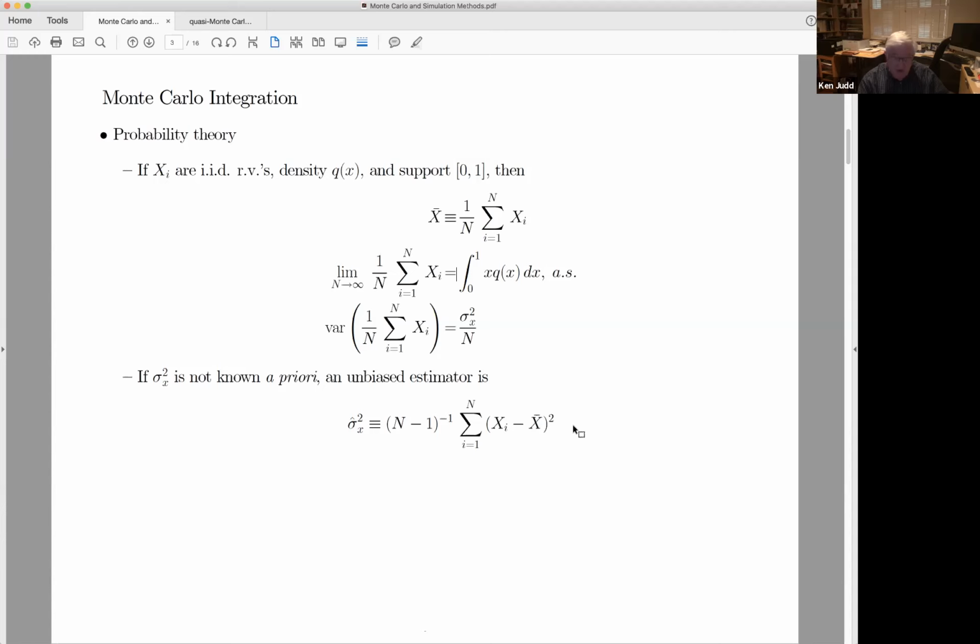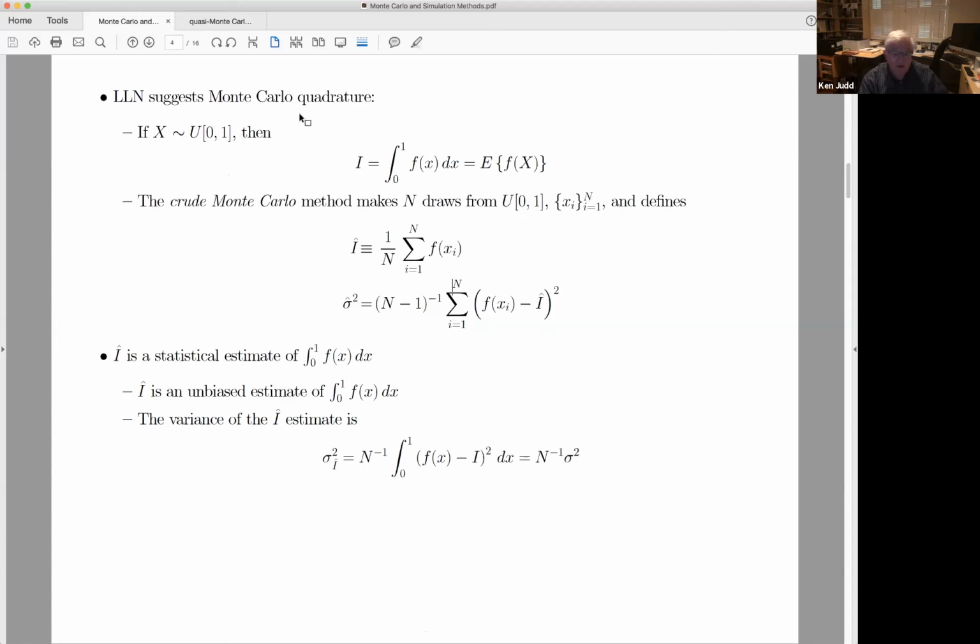Now here's the issue. The law of large numbers suggests Monte Carlo quadrature. If you're trying to integrate this function, and right now assume that it's a uniform density, it's equal to this expectation. So all you have to do is take n draws uniformly from the interval 0, 1, define a sample mean with n draws, and then you get this I hat as your estimate, and then there's your variance.